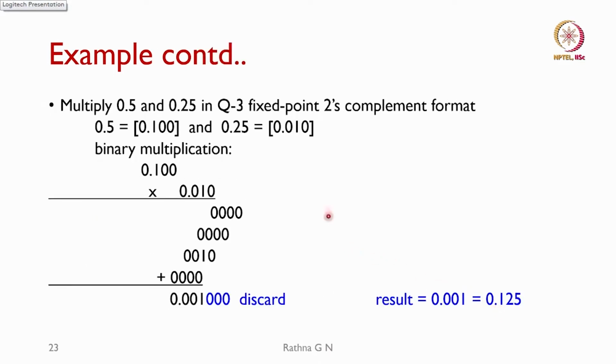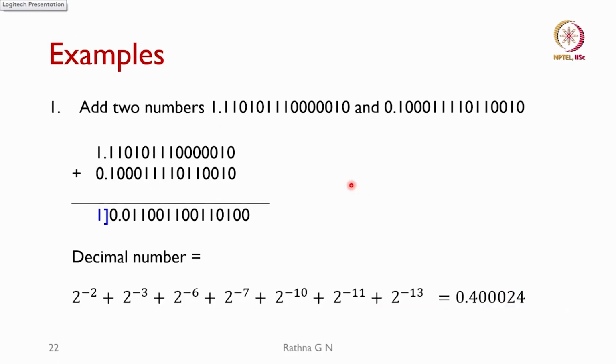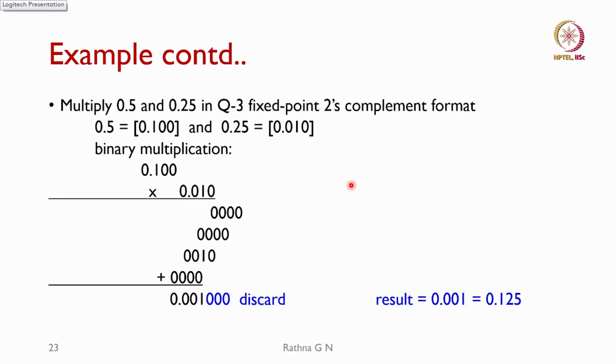And coming to the multiplication, what is going to happen? I have to multiply 0.5 and 0.25 in Q3 format. That means I have 4 bits, in signed format, for the multiplication: 1 bit for sign and 3 bits for my fraction.